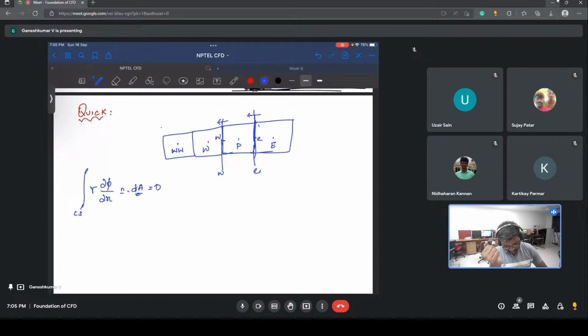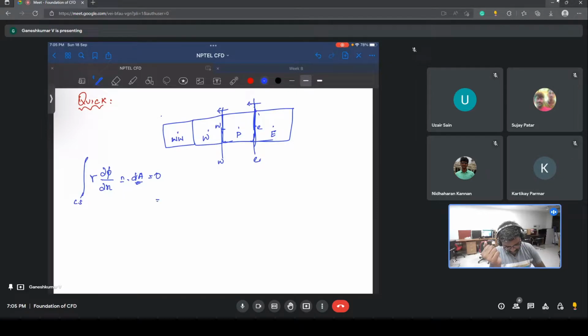If you discretize it, it will be gamma dou phi by dou x at the east face minus gamma dou phi by dou x at the west face. So you need to find the fluxes at the west and east faces. We store the values at the cell centers, right? So here and here only we will store the values.